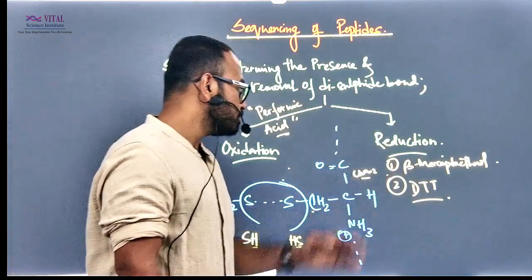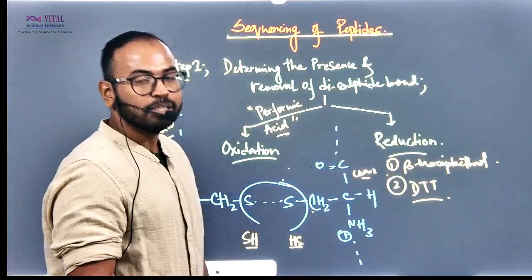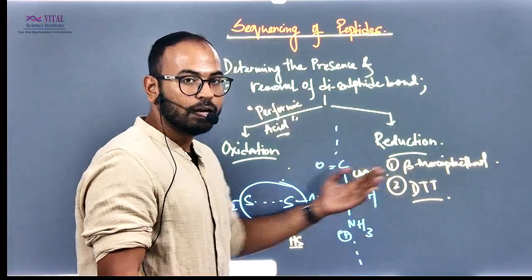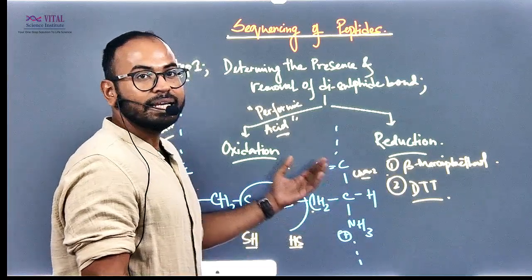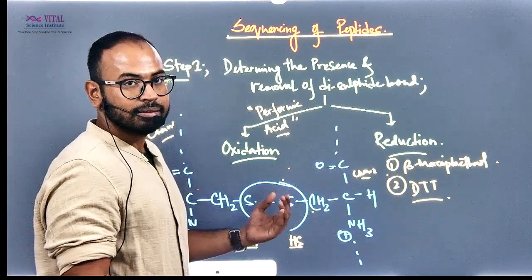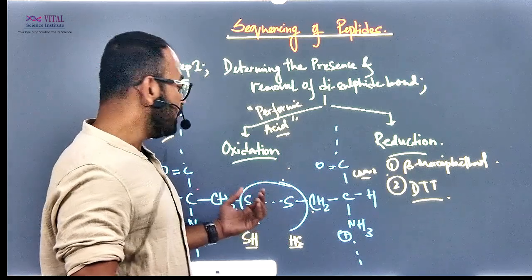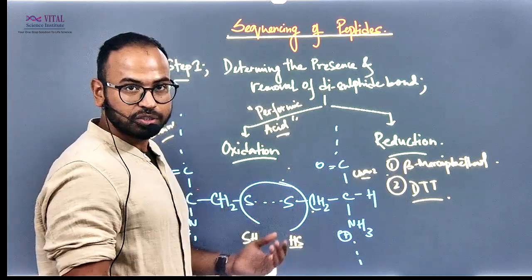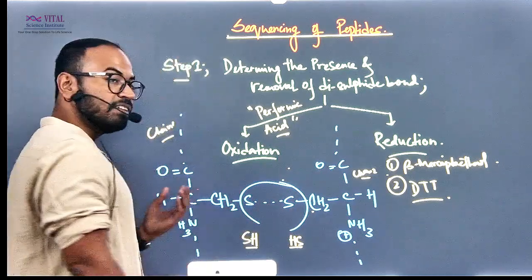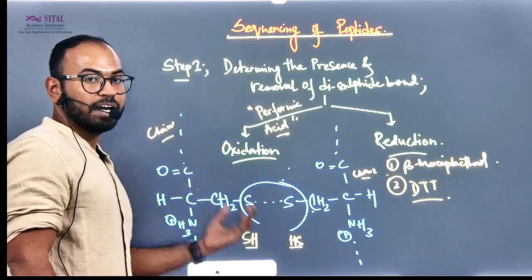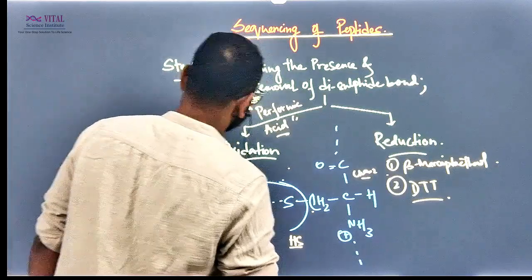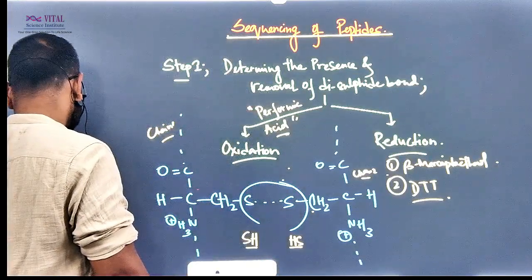On the other hand, reduction by means of beta mercaptoethanol or dithiothreitol leaves the cysteine residues in each of these chains bearing their sulfhydryl groups. Okay, so this is our step 1.